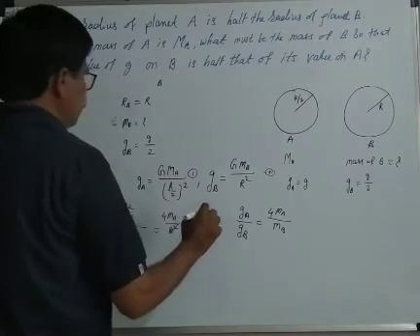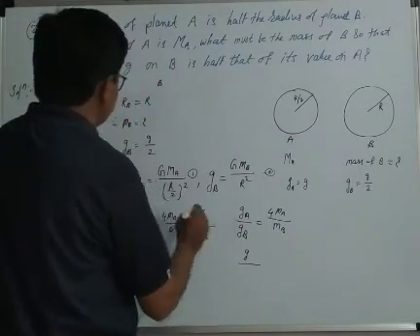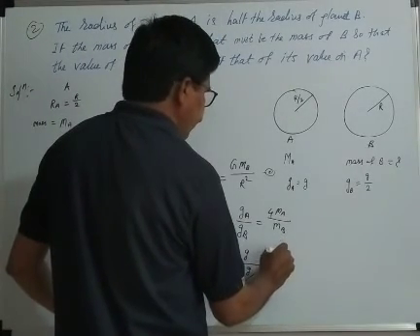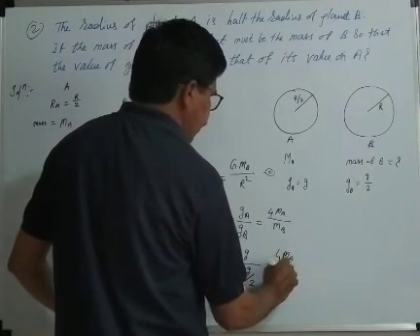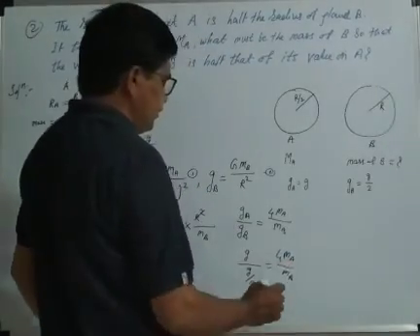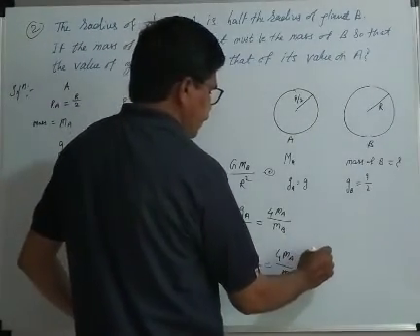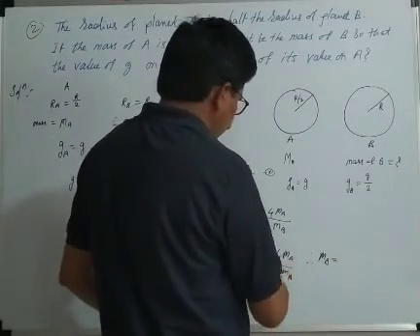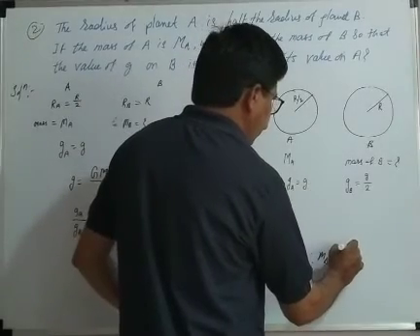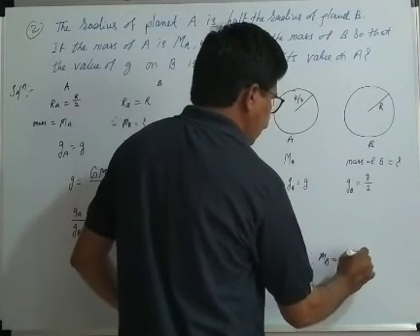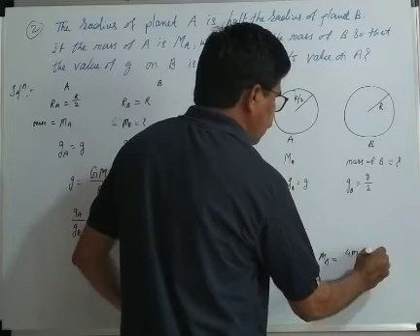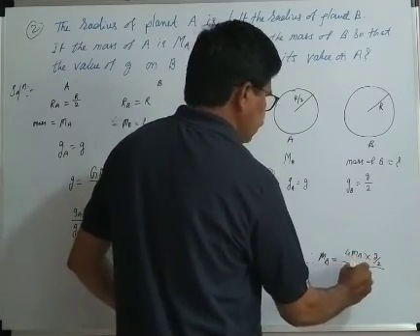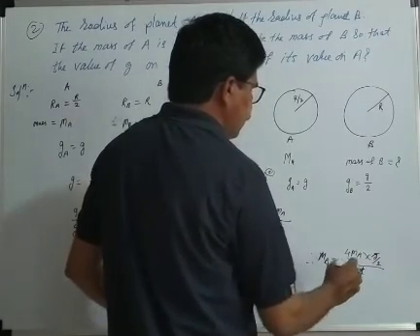To determine the value of MB, MB is equal to 4 MA multiplied by g by 2 and divided by g, where g gets cancelled.